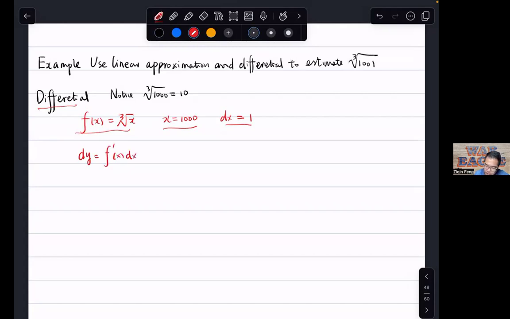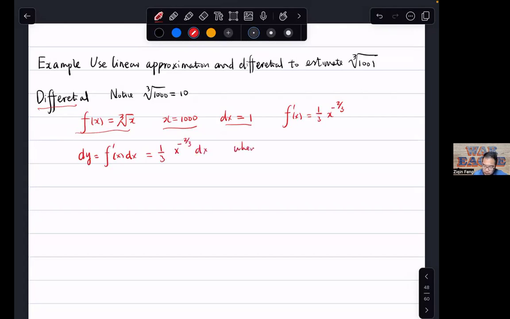So f prime of x is 1/3 x to the -2/3, so dy is 1/3 x to the -2/3 dx, right?